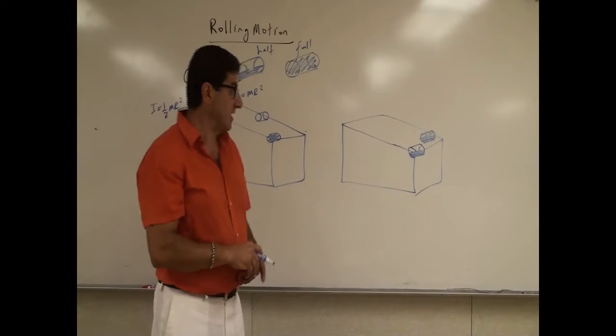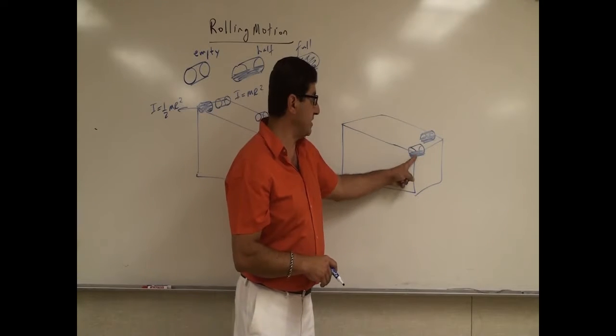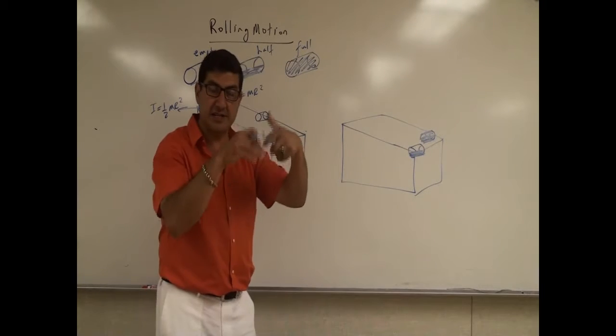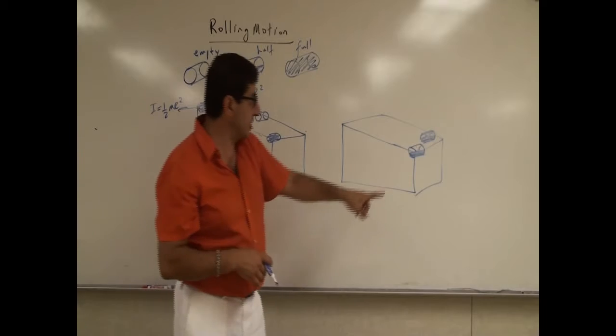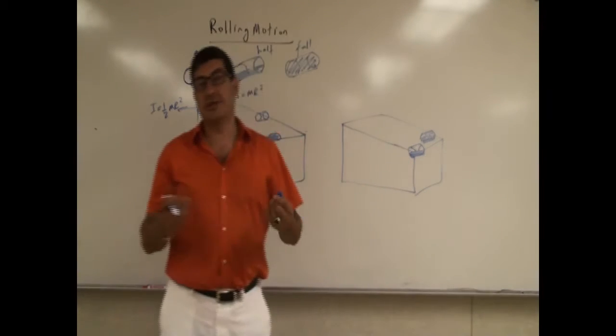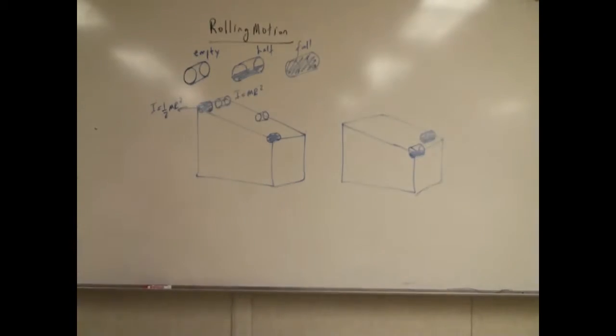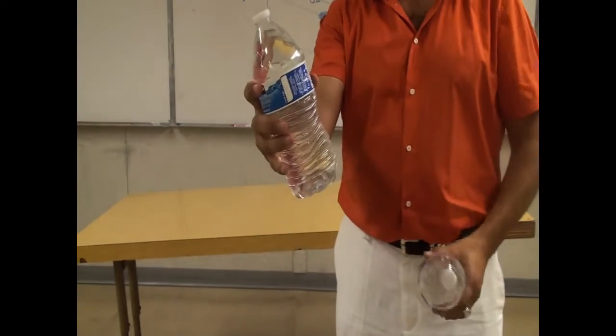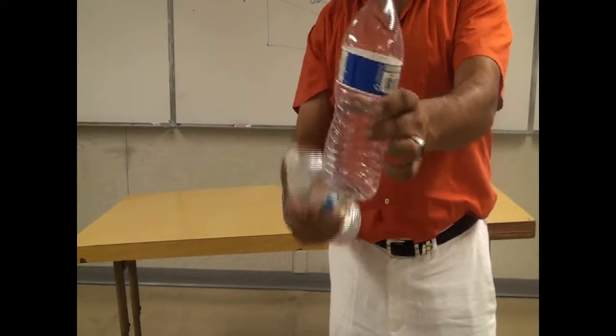So even though you would think the full one should win because the weight is distributed throughout the object, here it's more like a sliding object. So let's run the experiment and see what happens. Here you see I've got the full one on this hand, and the empty one here.